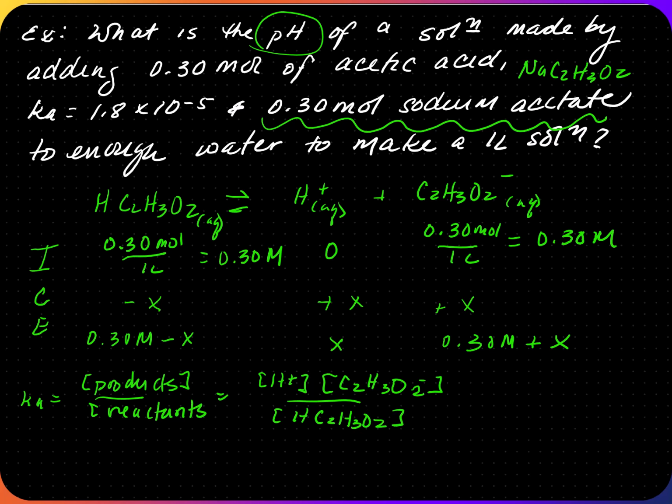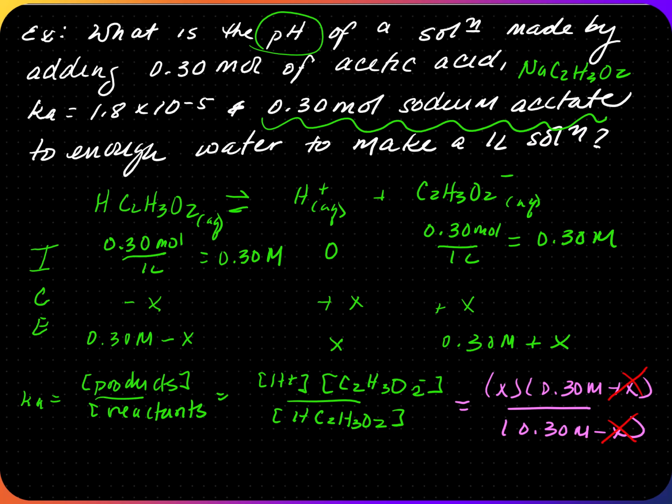So now I substitute in. X is equal to H plus. Acetate ion is 0.30 plus X divided by acetic acid, which is 0.30 minus X. We're going to assume that this follows the 5% rule. So these will approach 0, so we could cancel them out.